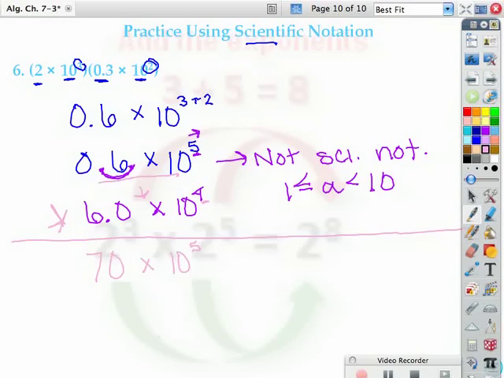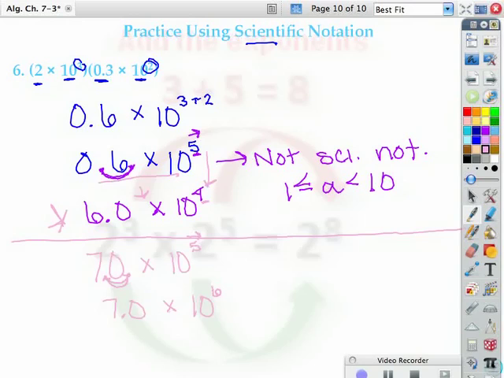The decimal point would be after the 0, so we would want to move it here and make it 7.0 times 10. Now with this, 5 again means you're going to the right. We went to the left, which means we have 6 times to move over to get it back to where we started from. So that would be 10 to the sixth instead of it going down like it did in this example. Okay, so you just have to think about, what is the exponent telling me to do? How do I move this?